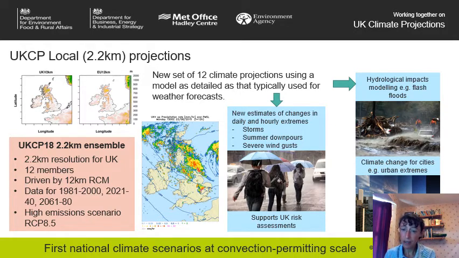And this is a really big step forward in national capability and is allowing us to try and understand changes in storms and downpours, severe wind gusts, but also to feed directly into impacts models to look at future changes in flash flooding, to look at changes in cities and urban extremes. So here we have 12 projections and they're using the high emissions scenario RCP 8.5, and we have data for periods going right out to the end of the century.